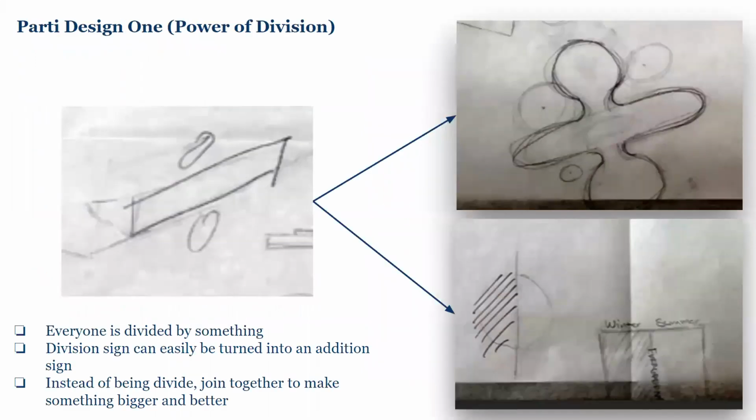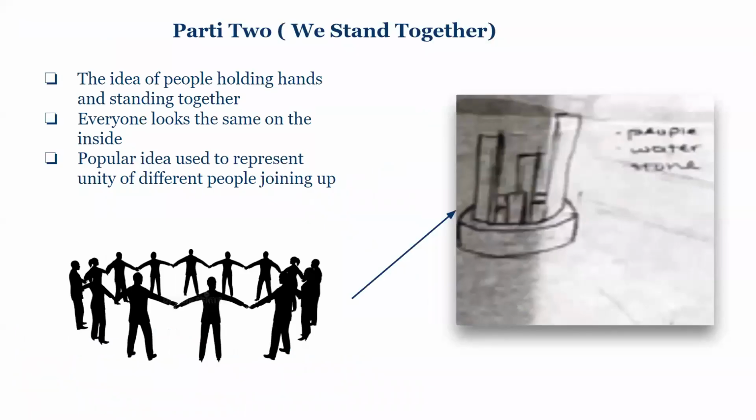My first part diagram is called Power Division, which took a division sign and put it together to make an addition sign. The idea is it's better to be united instead of divided. My second part diagram is We Stand Together. The idea comes from people standing in a circle, and the stones are like people of different heights and ages standing together in a circle.